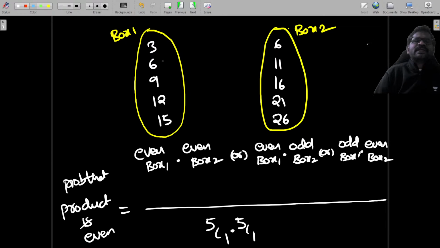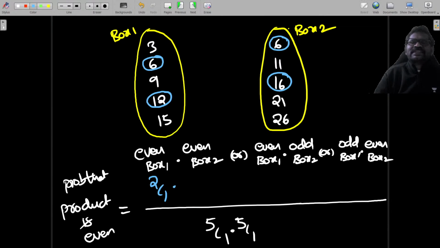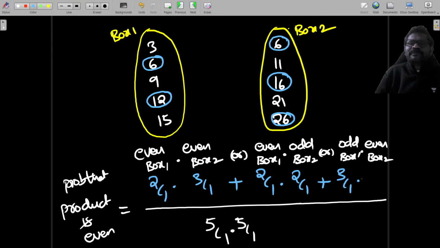Observe here. Even number from box 1: 2 even numbers are there, you are going to select one even number, so 2C1. Even number from box 2: 3C1. Or means plus. Even number from box 1: 2C1. Odd number from box 2: 2C1. Or means plus. Odd number from box 1: 3C1.